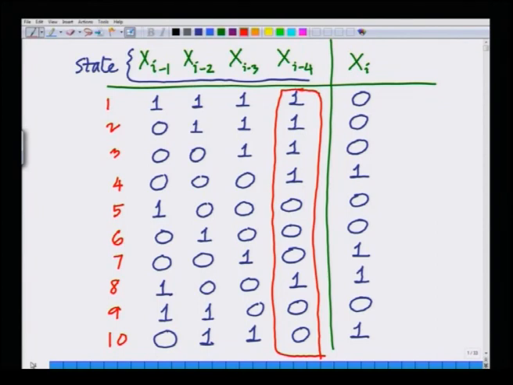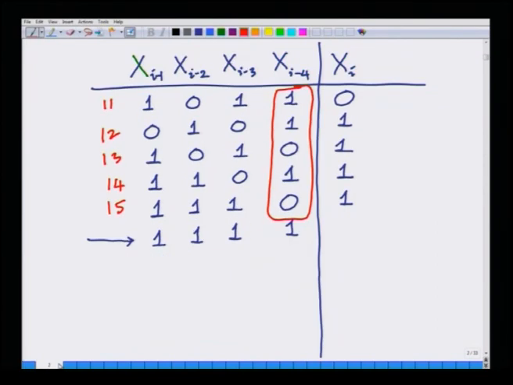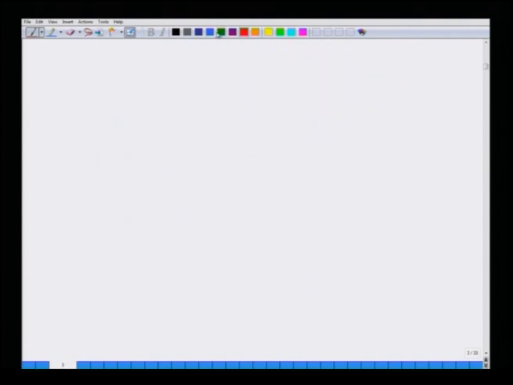If you look at this carefully, observe this, it goes through all states except the all 0 state. So let me write that down clearly.